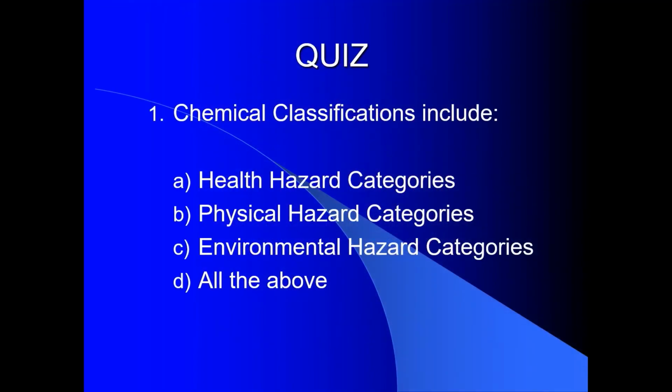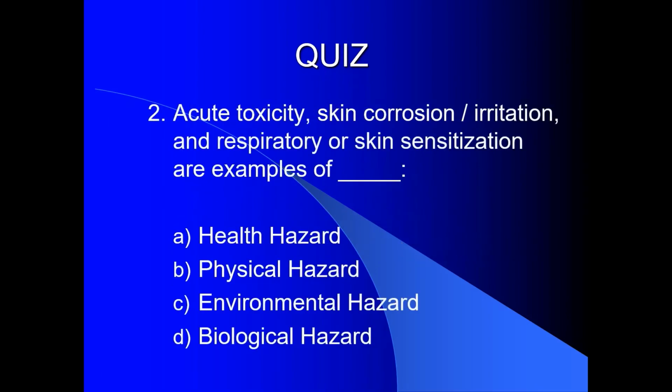Question 1. Chemical classifications include A, health hazard categories, B, physical hazard categories, C, environmental hazard categories, or D, all of the above. Question 2. Acute toxicity, skin corrosion/irritation, or respiratory or skin sensitization are examples of blank.